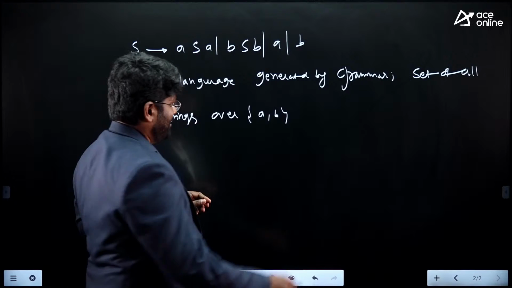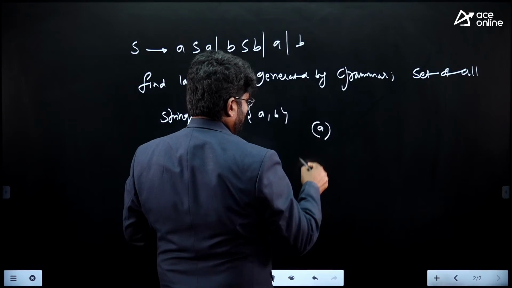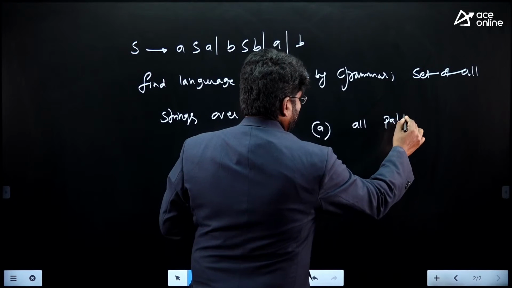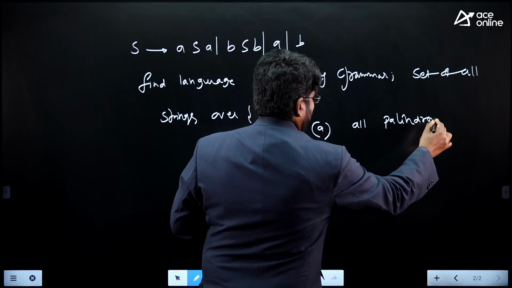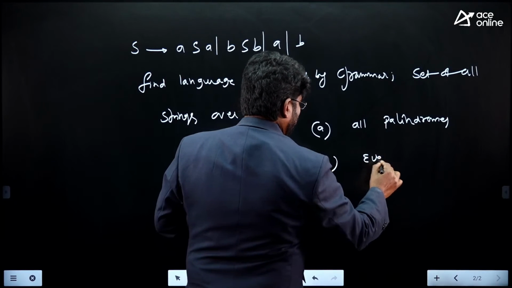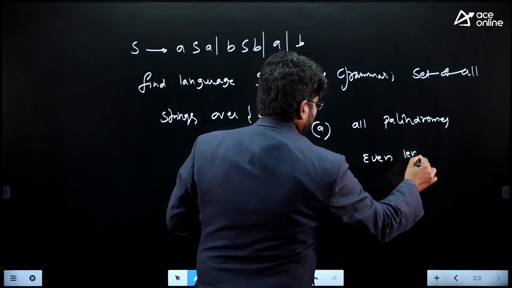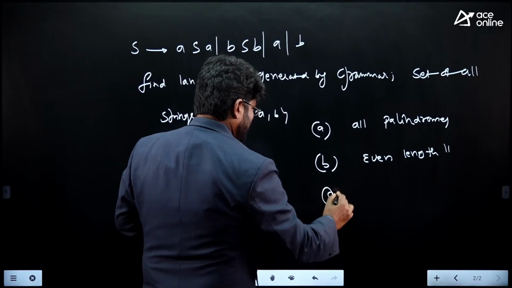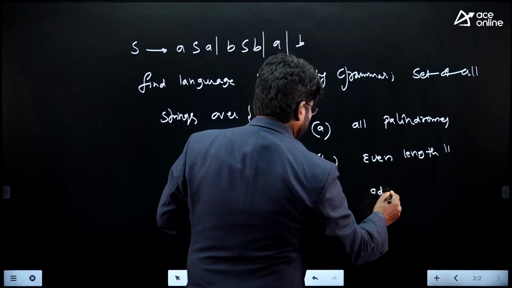You have these options, suppose. Option A, all palindromes. Option B, even length palindromes. Option C, odd length palindromes.